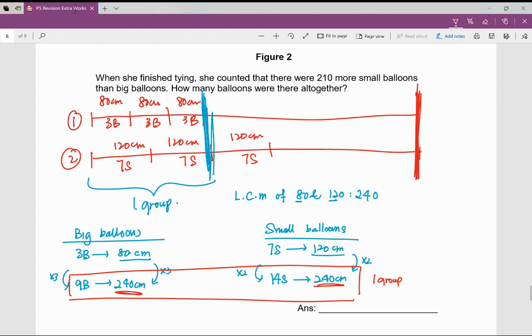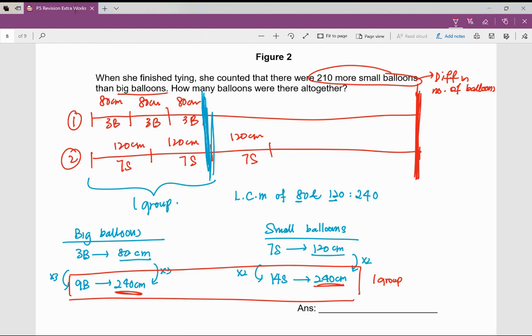So let's see what else the question gave you. They say that when she finished tying, she counted that there were 210 more small balloons than the big balloons. So the 210 more small balloons is actually the difference in number of balloons in total.